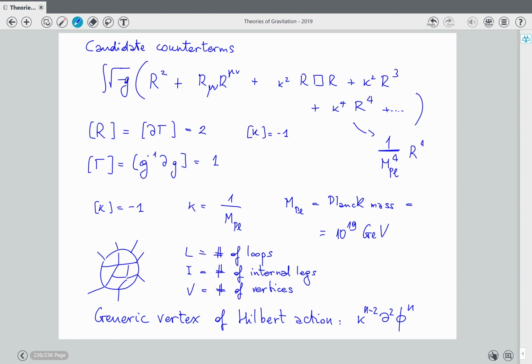Then there is an identity which we already met actually, which is the Euler theorem for the polygons, that tells us that L is equal to I minus V plus 1.